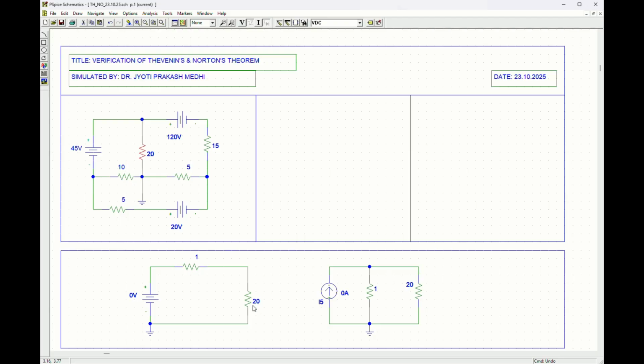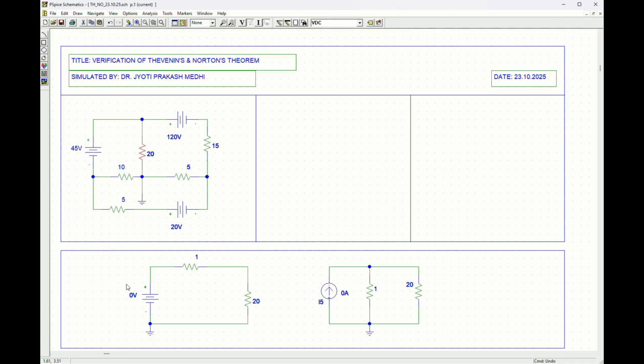And the resistance is the equivalent resistance, calculated from the open circuit terminal while replacing all the independent sources by their internal resistances. That is called R Thevenin, and the voltage source is known as V Thevenin.